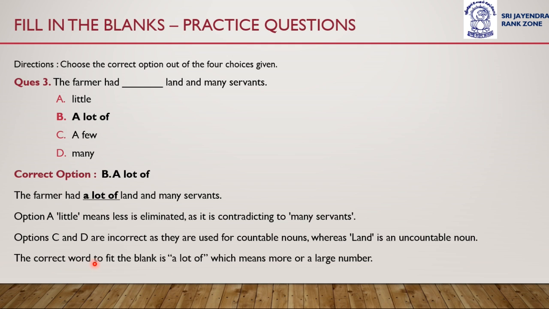Therefore, the correct word to fit the blank is a lot of, which means more or a larger number. Option B, a lot of, is the correct answer. Let's move on to question number 4.